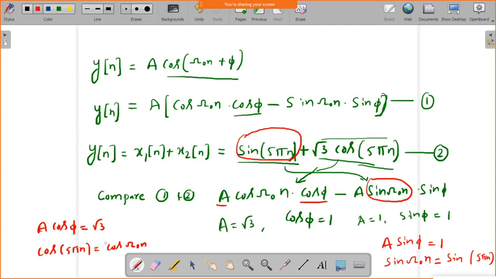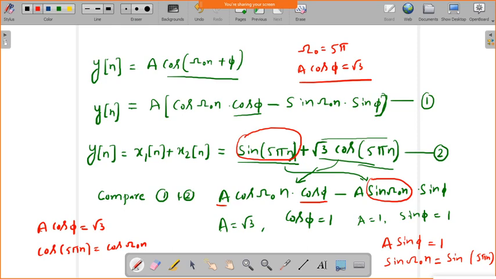Okay, so now from these two equations we will get omega naught. So omega naught equal to 5 pi, and from these two equations you have to find out what A and phi are. Here A is root 3 and cos phi is 1.